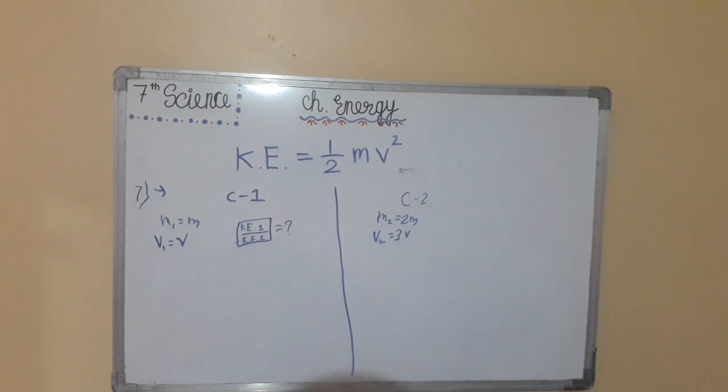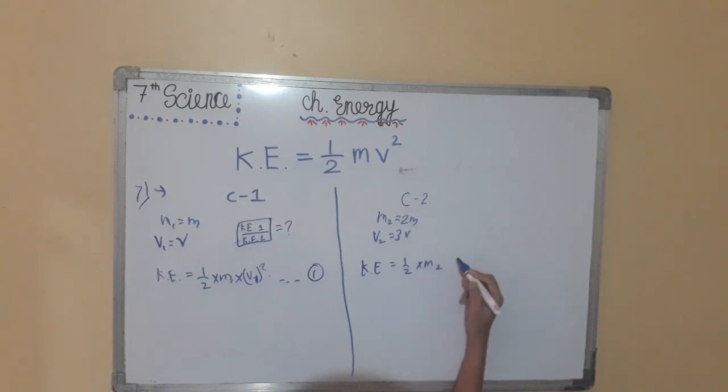So kinetic energy 1 is equal to half into m1 into v1 square. This is equation 1, and equation 2 is kinetic energy 2 equal to half into m2 into v2 square.